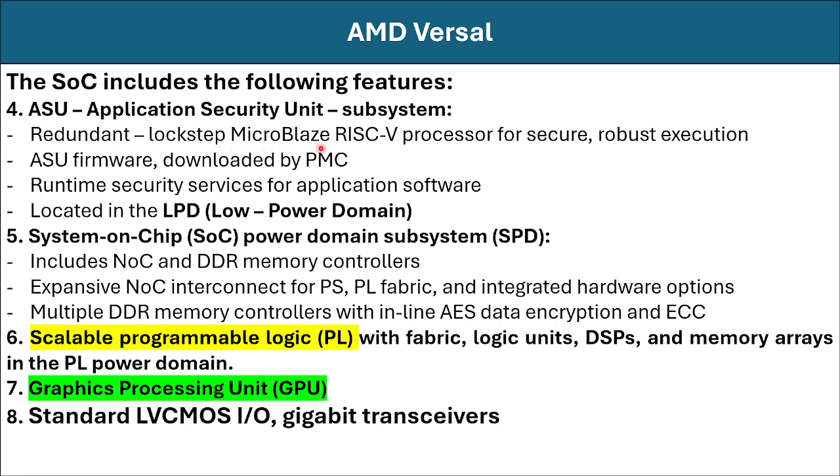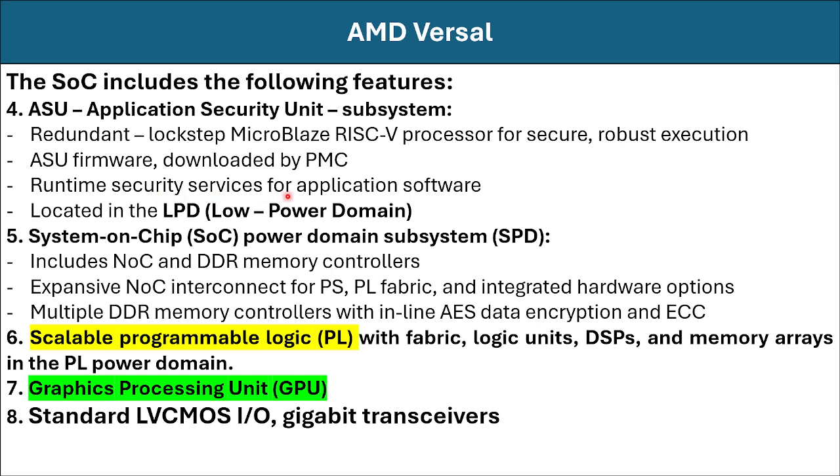Redundant lockstep MicroBlaze, again a MicroBlaze RISC-V processor for secure, robust execution. ASU firmware, which is logically downloaded by the PMC, which was mentioned in the previous point, point 3.